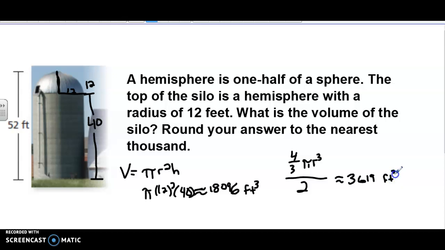Now I'm just going to add this and this. So 3,619 plus 18,096, and I get 21,715. So I'm going to make that 22,000, and I'm rounding to the nearest thousand.